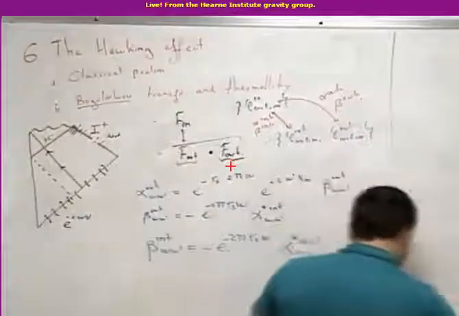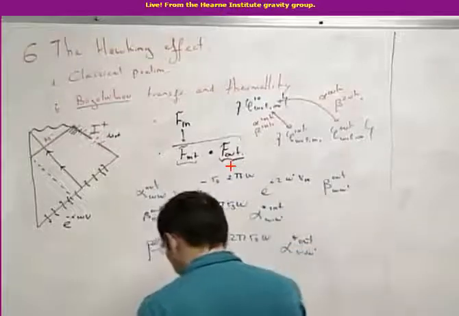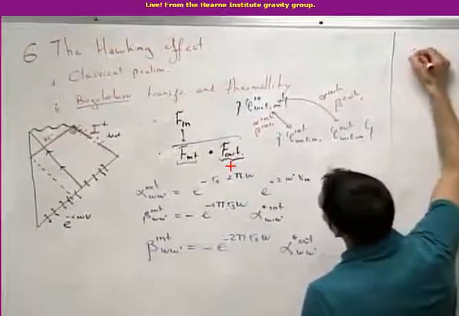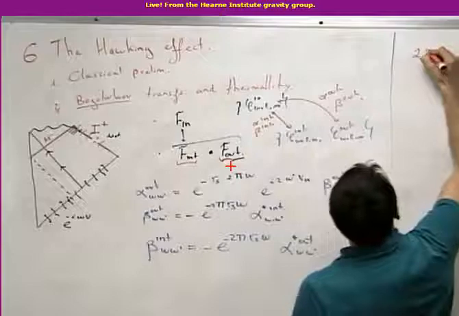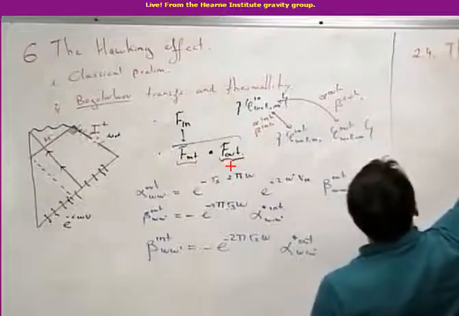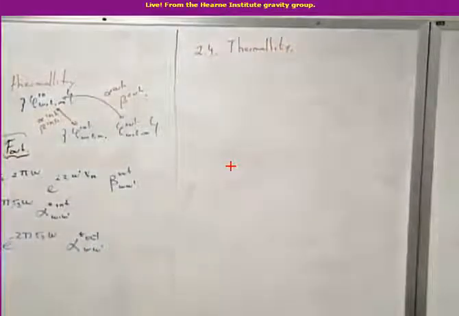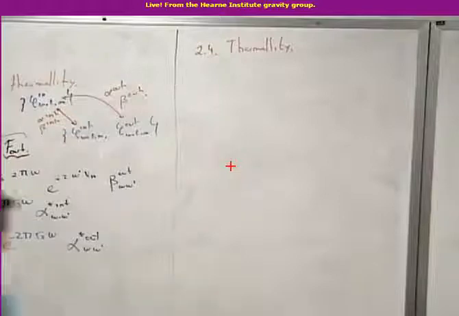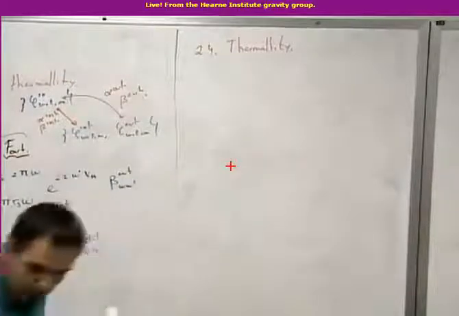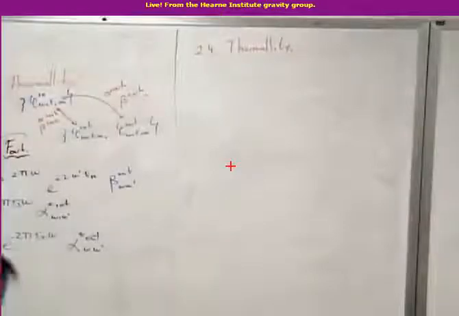So I want to move to the last subsection of this section. It's 2.4. It's called thermality. What I want to say here is that, let me see if I gave any number to the equations. Those equations are called 15.